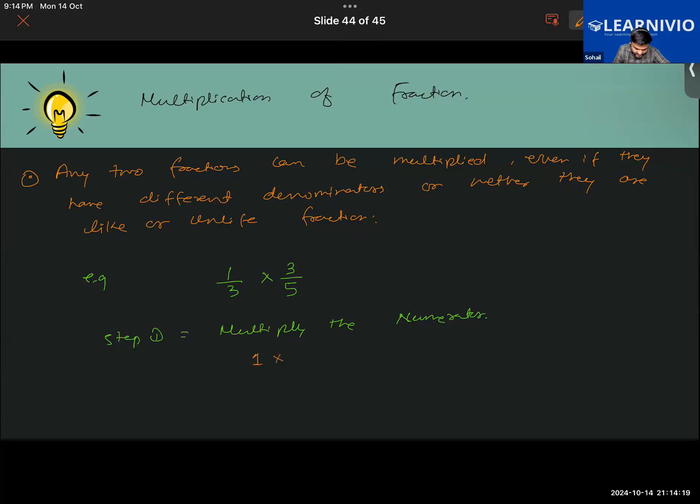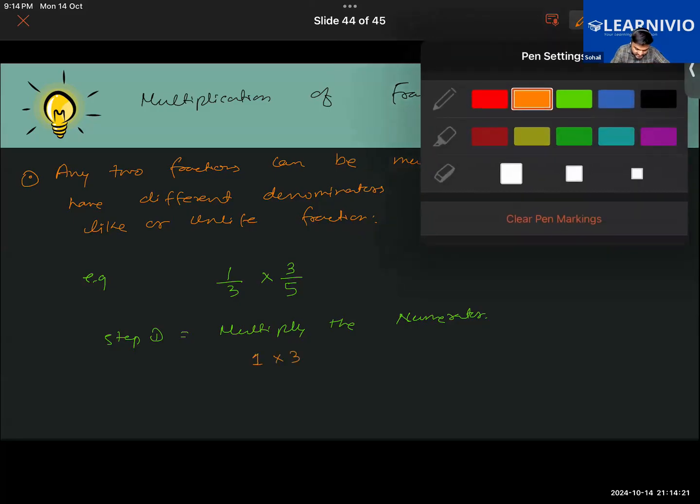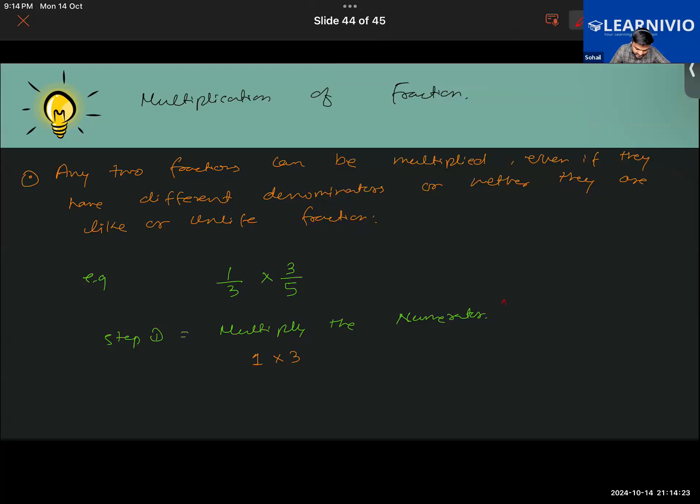So 1 multiplied by 3. Step number 2 says multiply the denominators. The denominators are 3 and 5. So 3 multiplied by 5. And simply write down the final answer, that is 3 upon 15. Here we go.